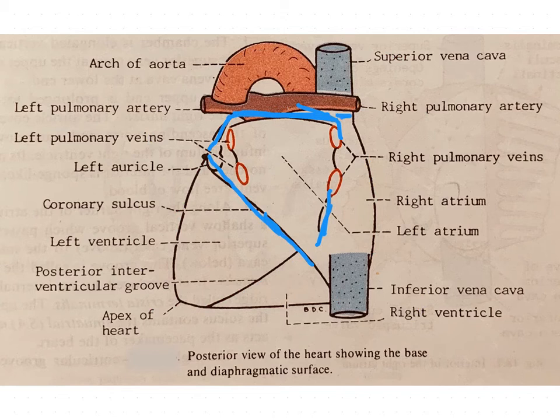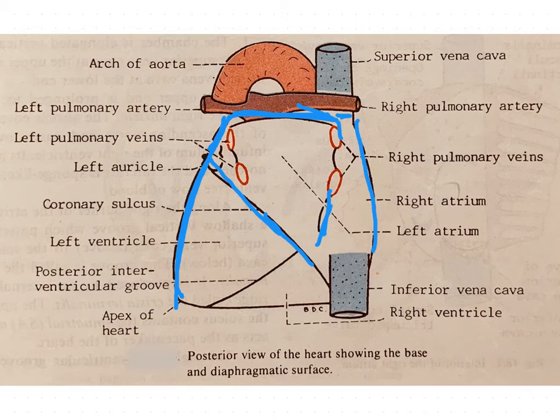This is the upper border, and the right border is more or less vertical, and this is formed by the right atrium, and this left border is oblique and curved, which is formed mainly by the left ventricle and a part by the left auricle. Okay, and this border separates the anterior and left lateral surfaces of the heart.